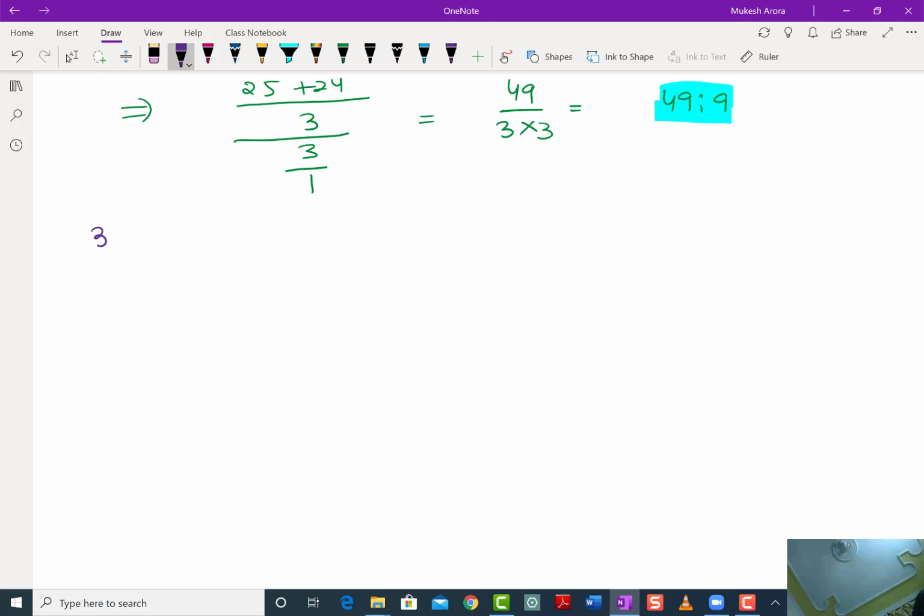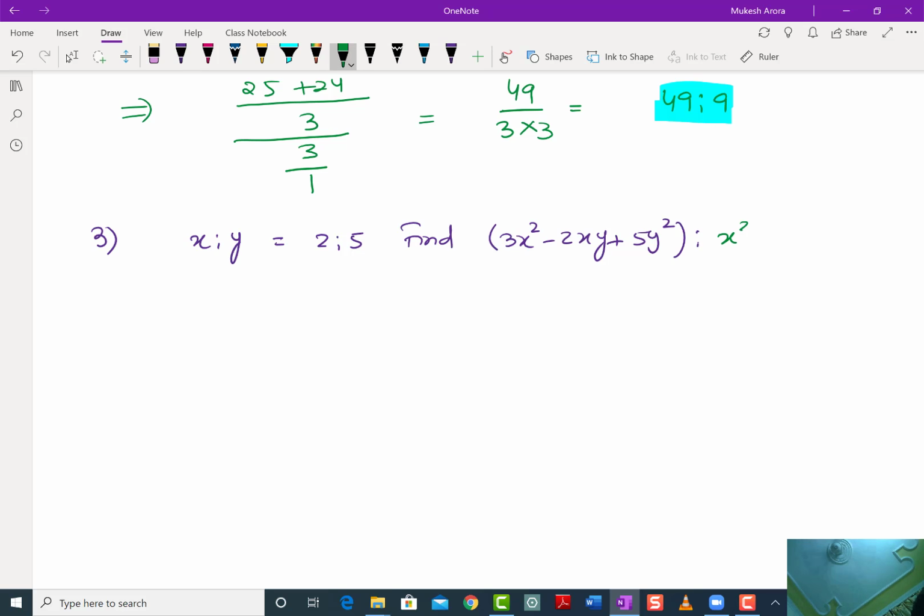Question number 3. Question number 3 is: x ratio y is equal to 2 ratio 5. Find 3x square minus 2xy plus 5y square ratio x square plus 7xy minus 2y square.